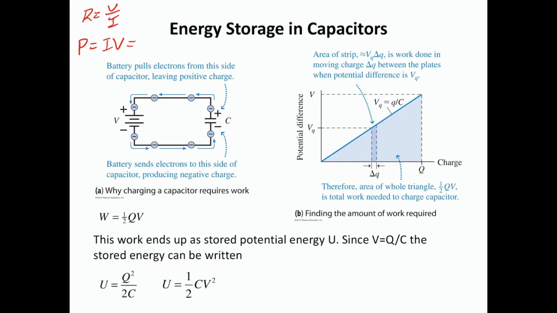Why? Because I is coulomb per second and voltage is joule per coulomb. So you get joule per second. This is watt. Now we also have the same, because of Ohm's law, I squared R and V squared over R. So the three expressions, they are the same.